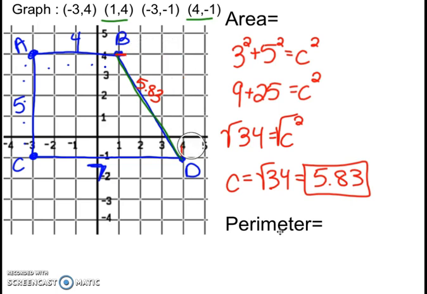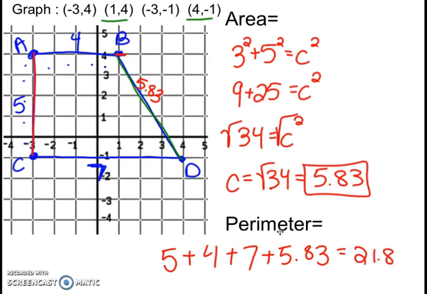I don't need that triangle anymore. So you would add 5 for this side, plus 4 for the top side, plus 7, plus 5.83. Because perimeter is when you add up the outside of the shape. So you get 21.83.